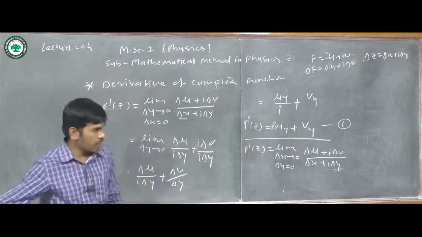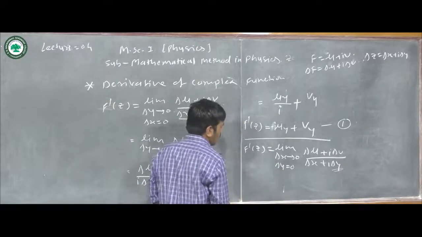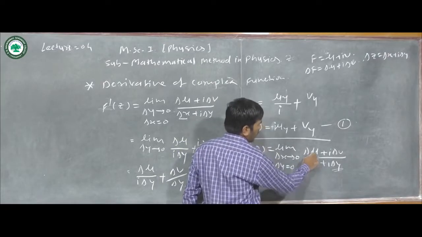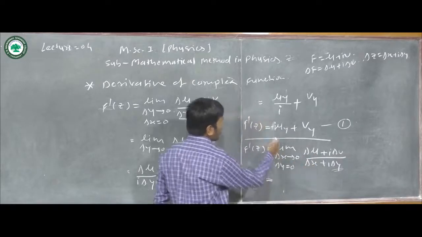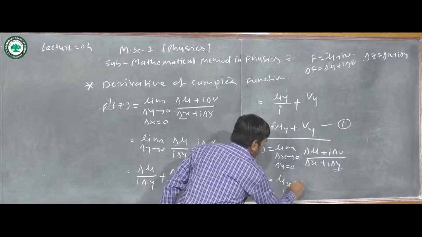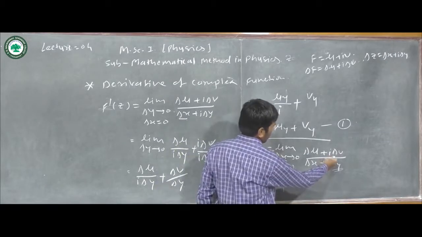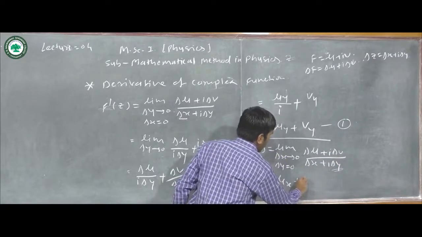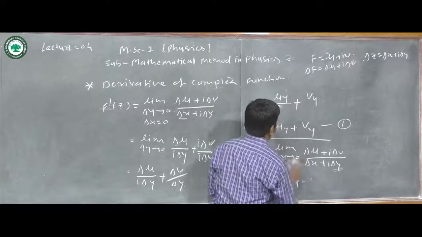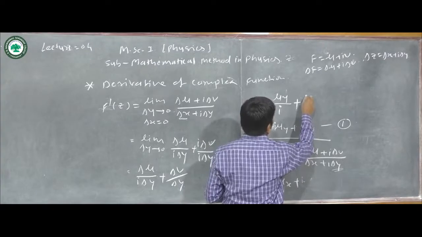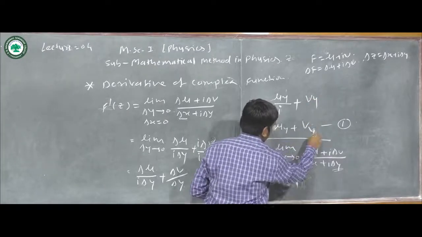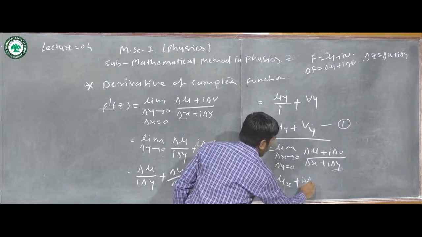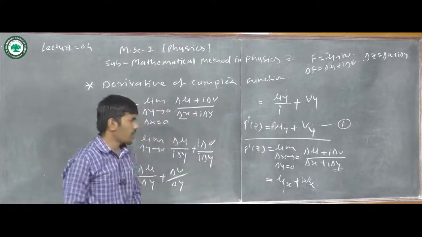So after applying the limits, if we put ∂y equal to 0, we get ∂u divided by ∂x, so that can be written as u_x plus, in the second, iota into ∂v by ∂x, so that is iota into v_x. Okay, u_x plus iota into v_x.